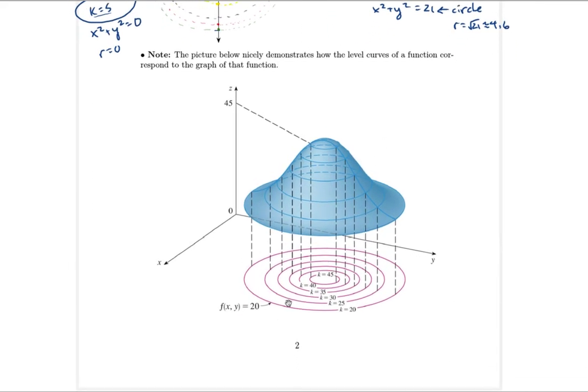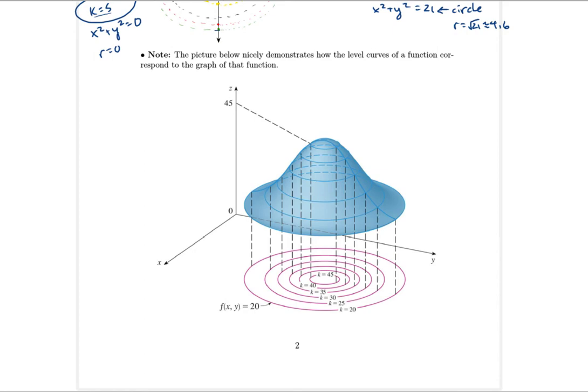So down here is the sketch of the level curves for this surface that's in three-dimensional space. But these level curves are sketched in the xy plane. And they are the places where the z remains constant on the surface, and you can see those sketched out on the surface. So you take these curves that are on the surface and project them down into the xy plane. And that's what level curves give you.